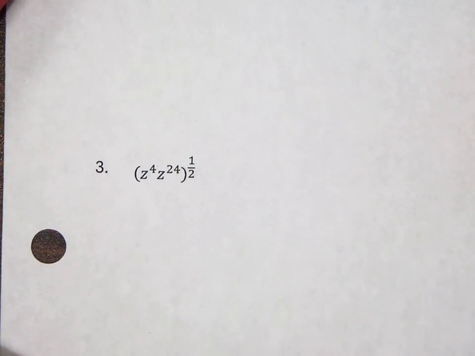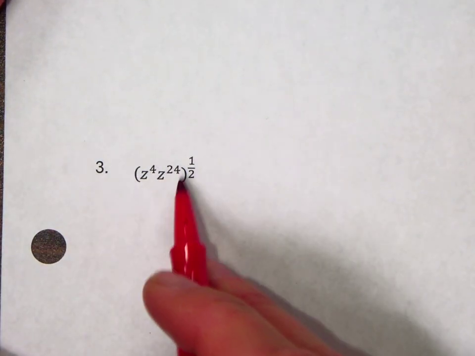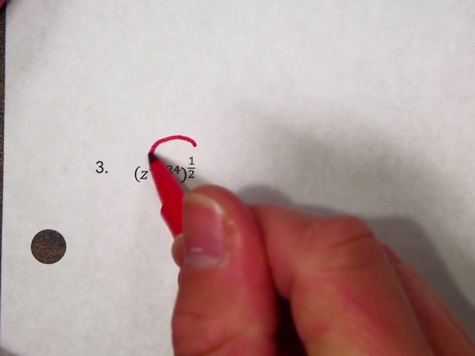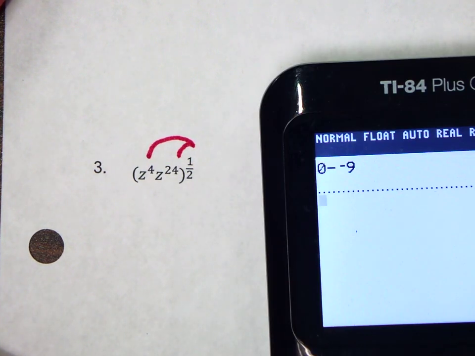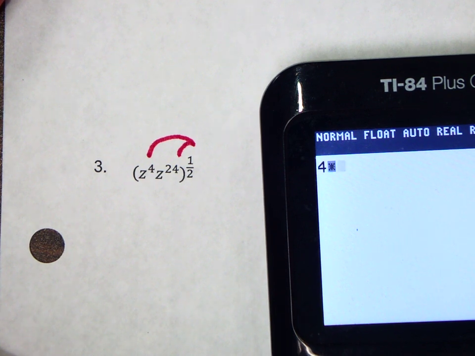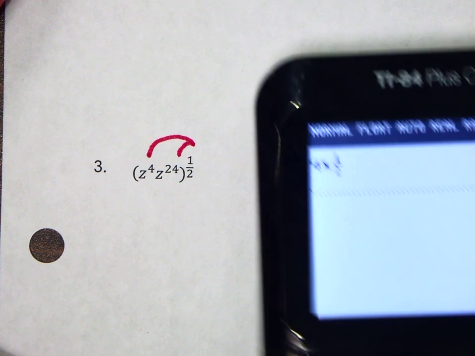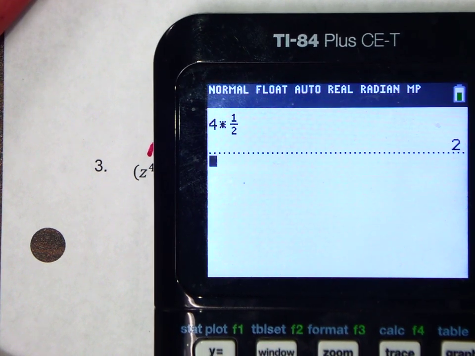All right, on number 3, it's another exponent rule. When you see these parentheses, you know you should be multiplying your exponents. And just because this is a fraction, you're still multiplying. So in your calculator, you're going to do 4 times 1/2, which gives you 2.